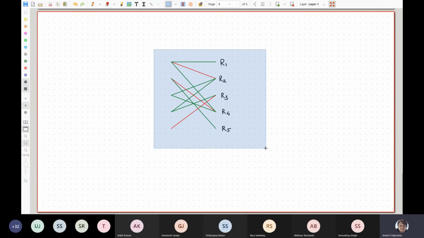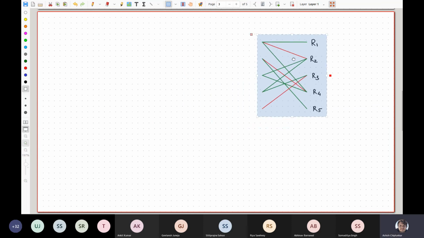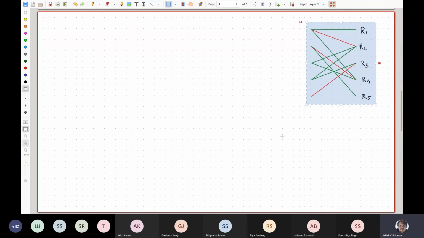So let me just copy this diagram. Does this diagram remind you of that problem? What problem am I referring to? Any guess?